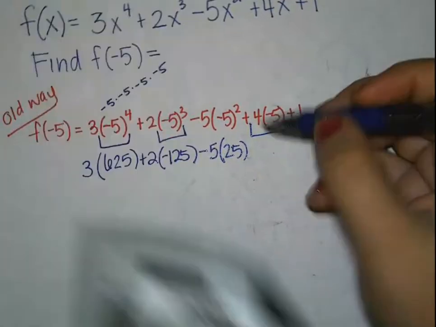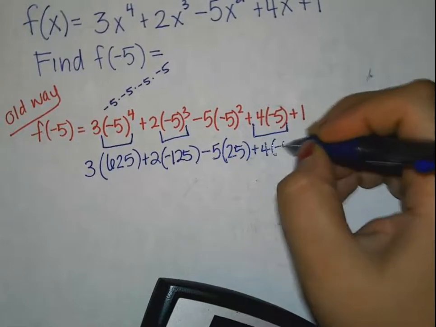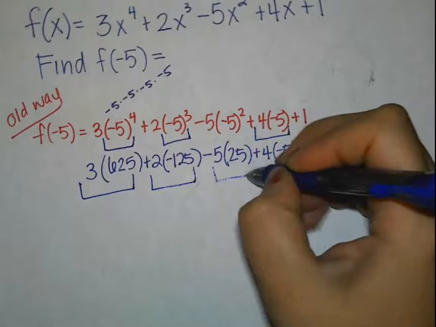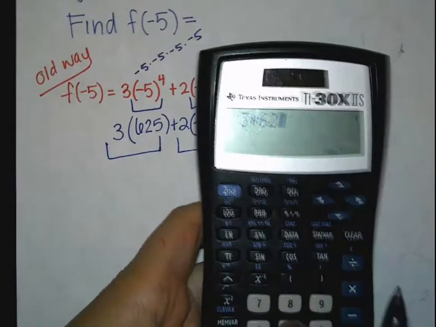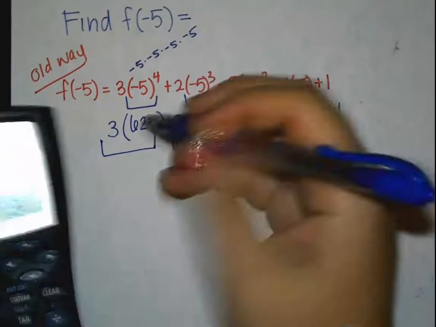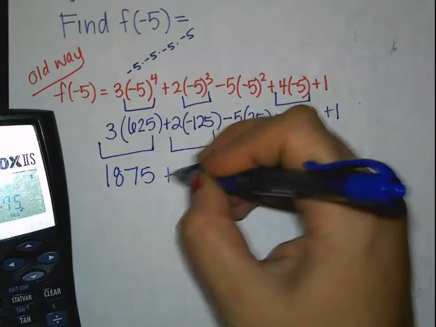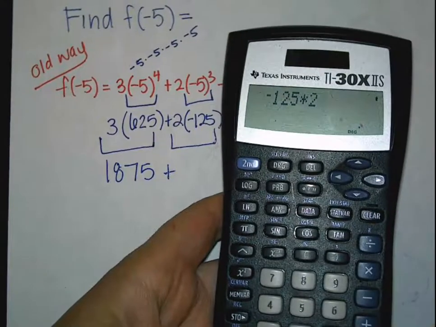And then after exponents is multiplication. So I'm going to multiply all of these here. So I'd have 3 times 625. Again, imagine if you didn't have a calculator, having to multiply and get 1,875. And then imagine doing negative 125 times 2.